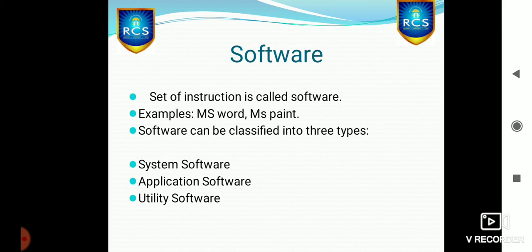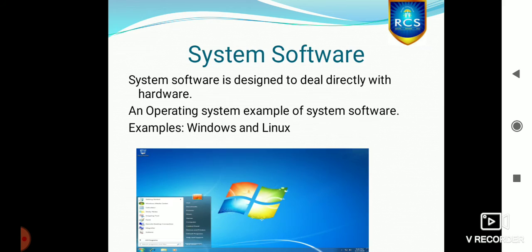Another one is software. Children, what is software? A set of instructions is called software. Some examples of software are MS Paint and MS Word. Software can be classified into three types: system software, application software, utility software. First one is system software.